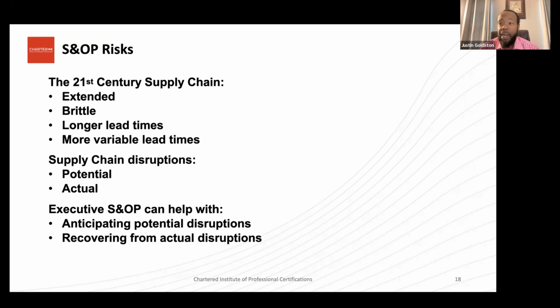So although it may not be the case in the United States for some of your industries, in other parts of the world it's commonplace. You'll have these variable lead times where someone can jump in front of the line because they paid an additional charge because they needed it more.